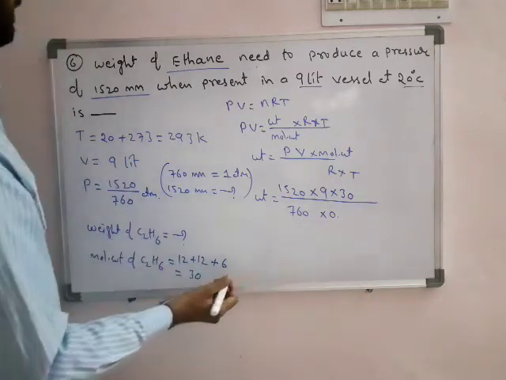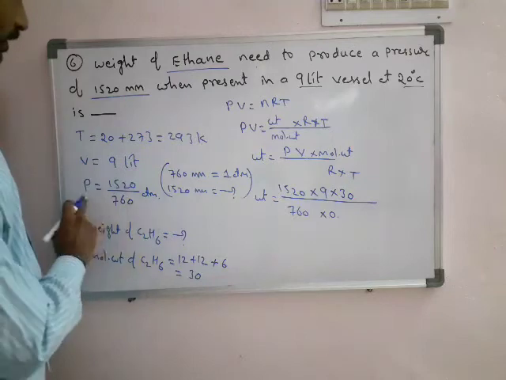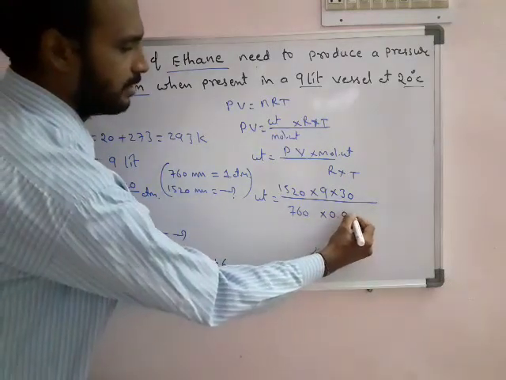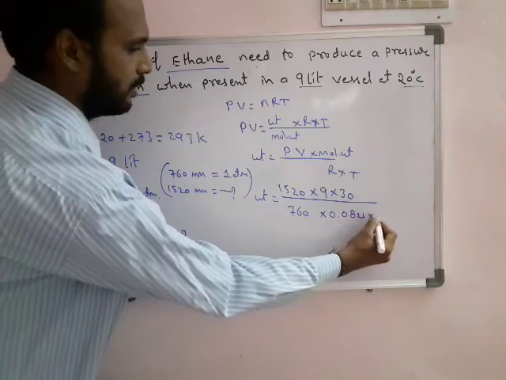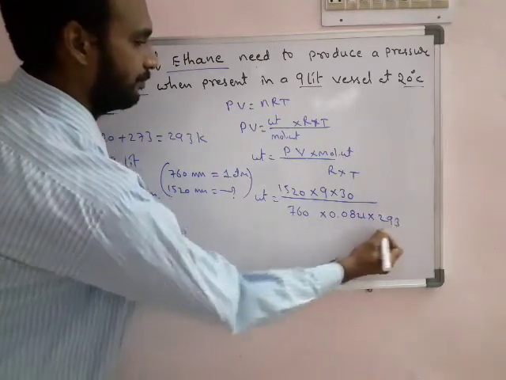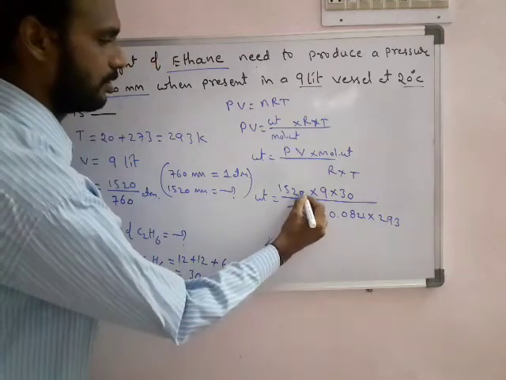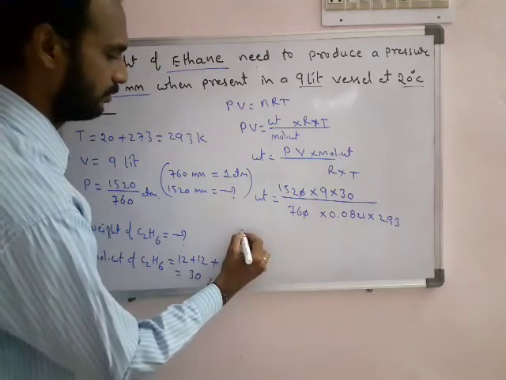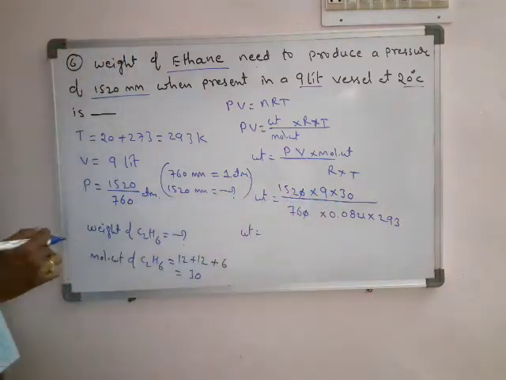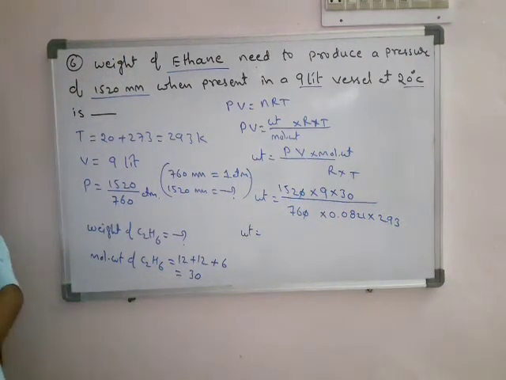Since we are taking the already converted pressure in atmosphere, it should be in atmosphere and liters, 0.0821. So temperature is how much? So cancelling. On this calculation we will get 270, 52.